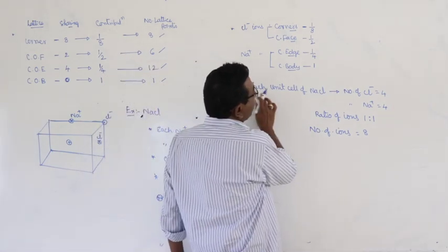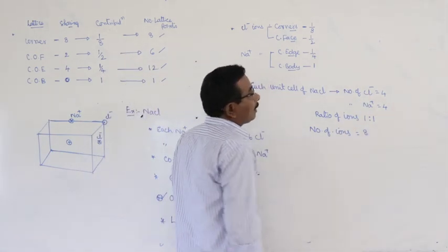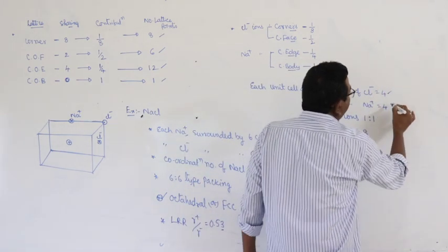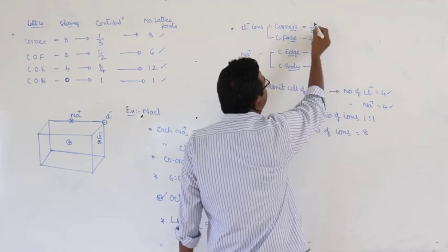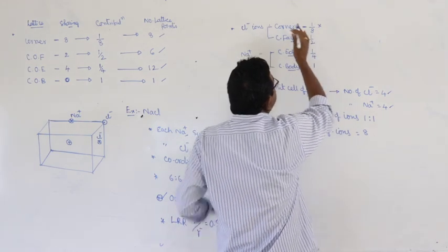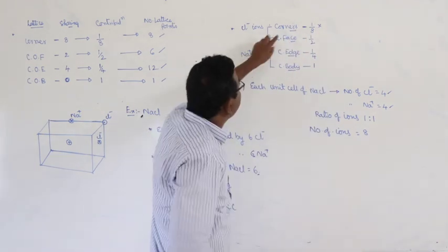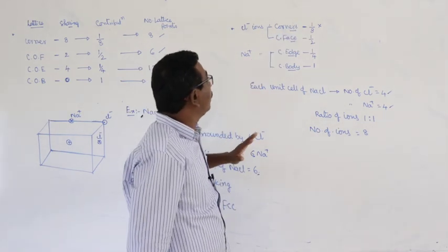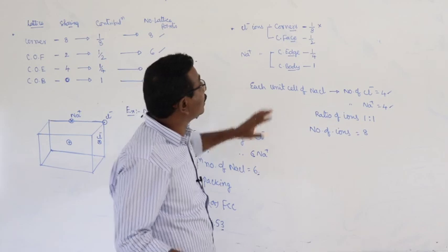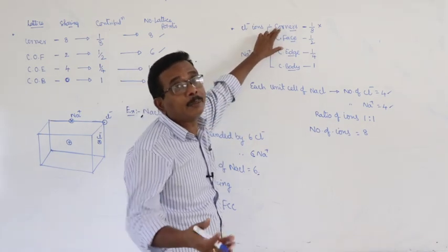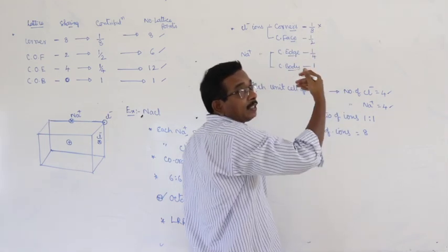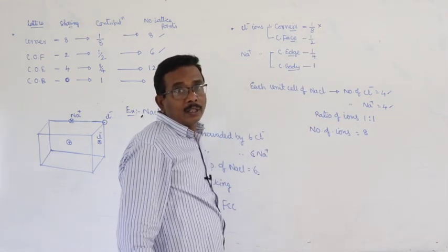And here in each unit cell, this is about the details. How can you get this 4 and this 4? Look at here. Each ion present at the corner contributes 1 by 8th part of it to the unit cell. But the ion which is present at the corner is shared between how many unit cells? 8 unit cells.